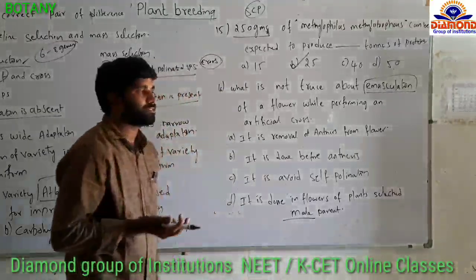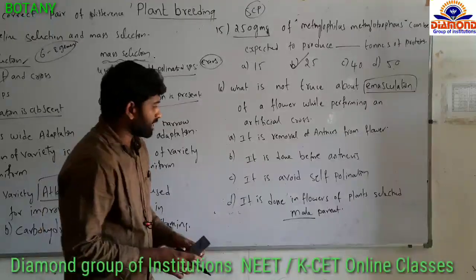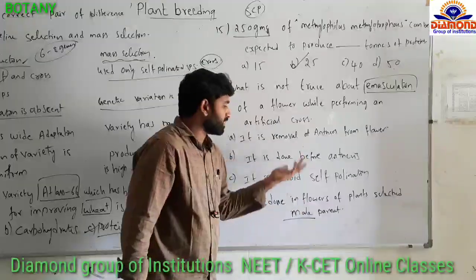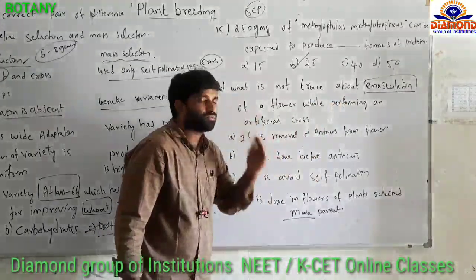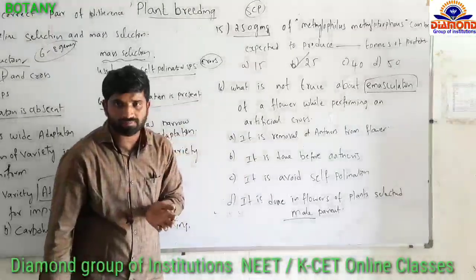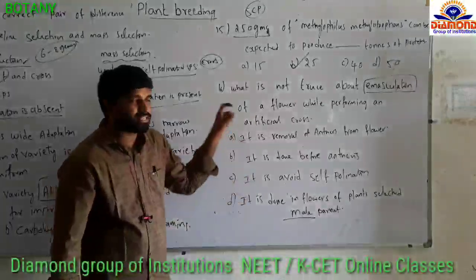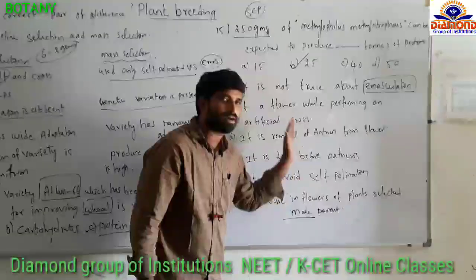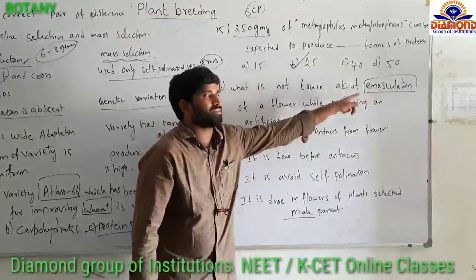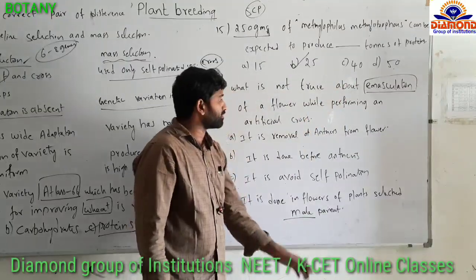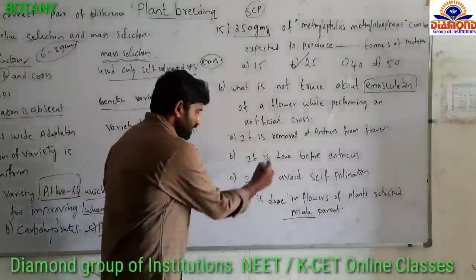If the flower is male, it contains only anthers, so there is no need for emasculation because we are performing cross-pollination. In the bisexual female flower, we do emasculation to avoid self-pollination. So the incorrect statement is D only. Answer is D.